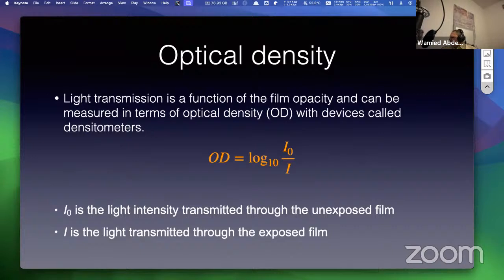We measure the intensity of light going through the film, and this change is expressed as an optical density given by this equation: the log base 10 of the initial intensity, the intensity of the film before irradiation, divided by the intensity of the film after irradiation.